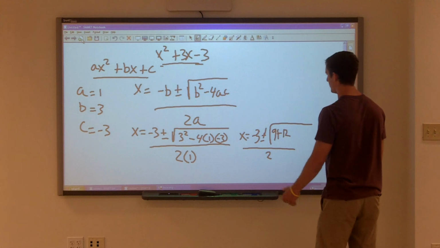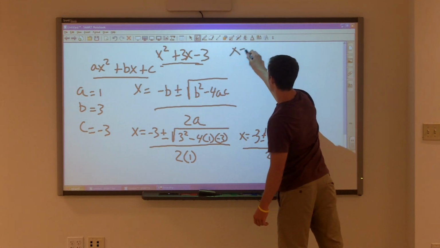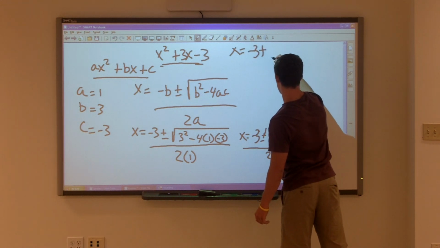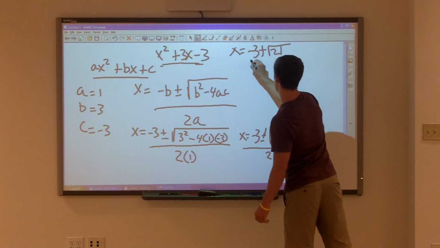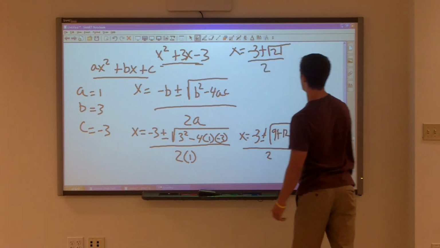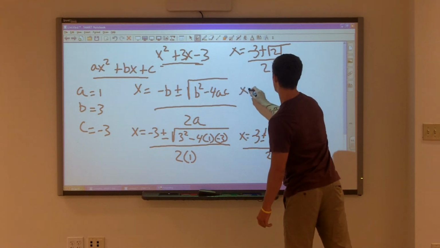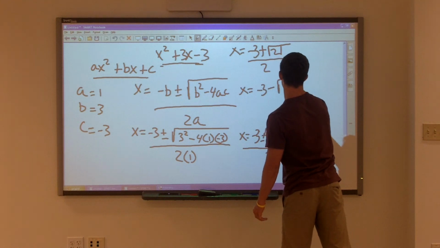So if we move up to the top, we'll find our final two answers. We'll have x equals -3 plus the square root of 21 over 2. So we have our plus here, and then our final answer is x equals -3 minus the square root of 21 over 2.